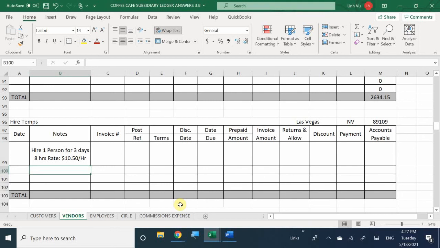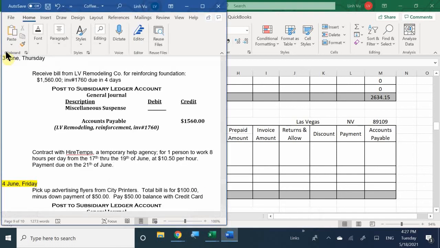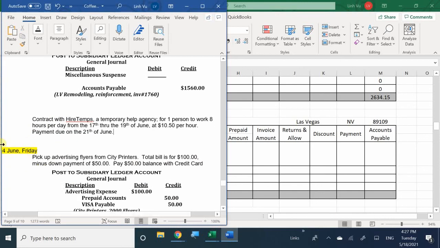Okay. So once again, a transaction has not happened, so therefore you don't need to journalize it. However, this is good information that you need to keep for your transactions. So with that being said, I highlighted it on the 14th.